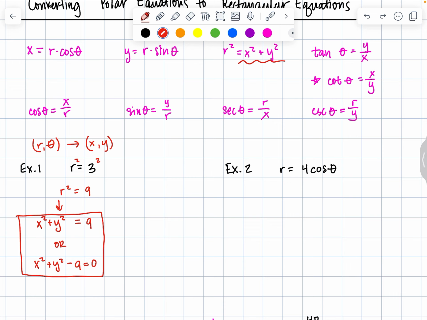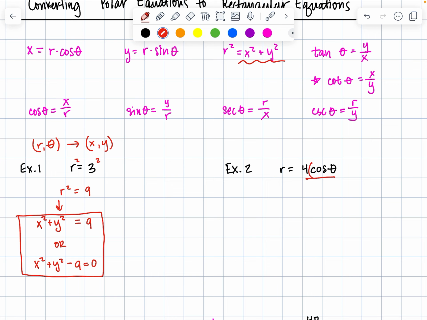r is equal to 4 cosine theta. Now, this time around, we are not going to square r. Based off the previous problem, that's probably your first logical thing to do. But we could also convert cosine theta. And this is where these new equations kick in. Cosine theta is actually equal to x over r.